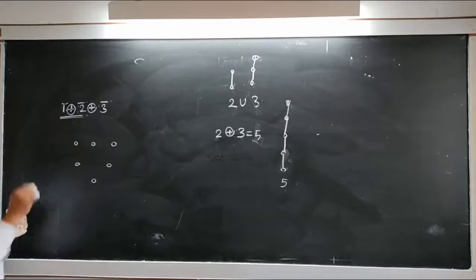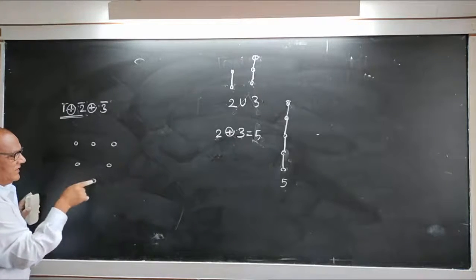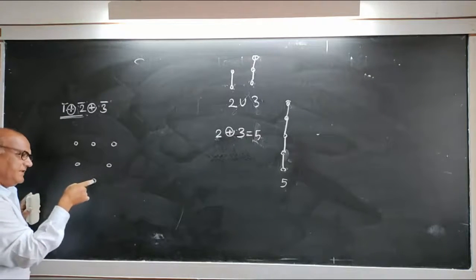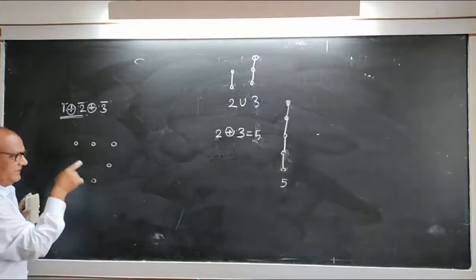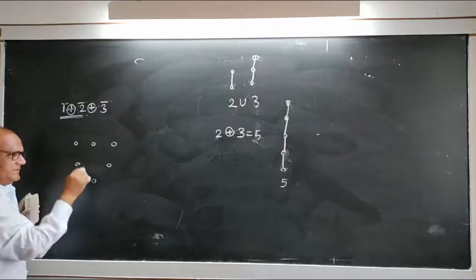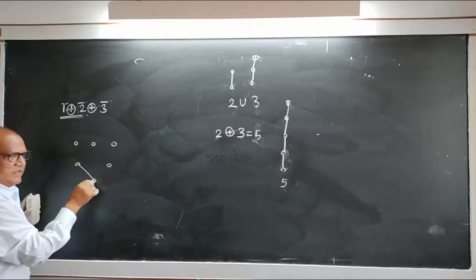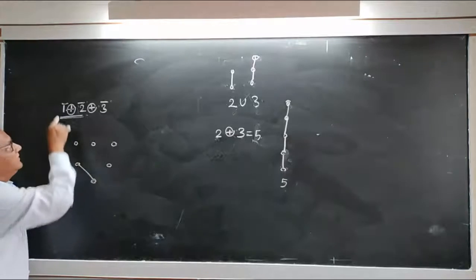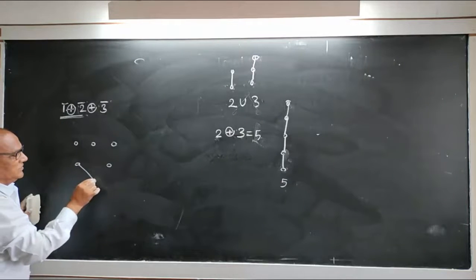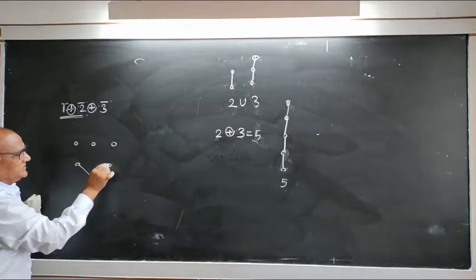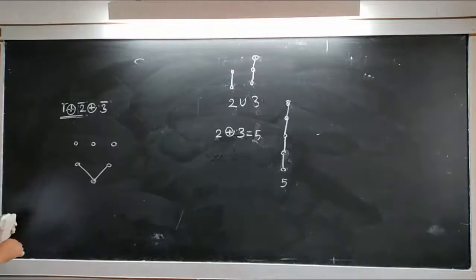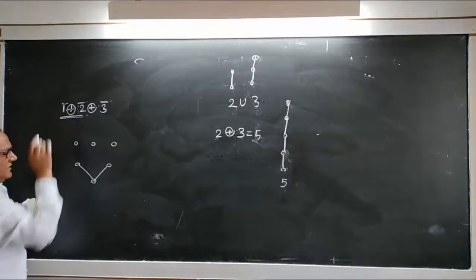First draw this. Here the maximal and minimal element is the same. This is the maximal element. Here also maximal and minimal are the same. So draw each maximal element of this, joining to each minimal element. Now we get this figure.